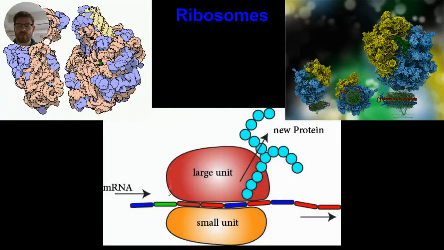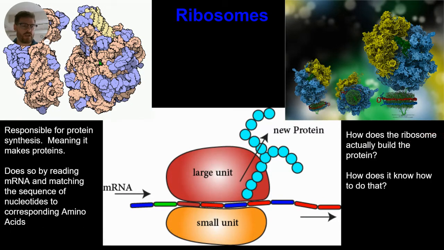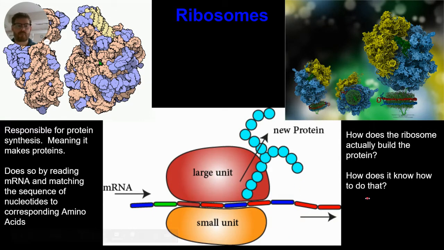Here's a simplified view of it, and we see the RNA going through the ribosome and out coming the new protein. So what we want to address today is these two big questions of how does a ribosome actually build the protein? It's more complicated than this picture here. And how does it know how to do that?